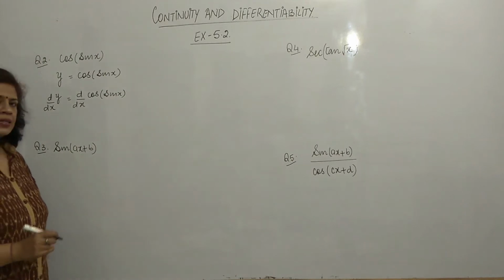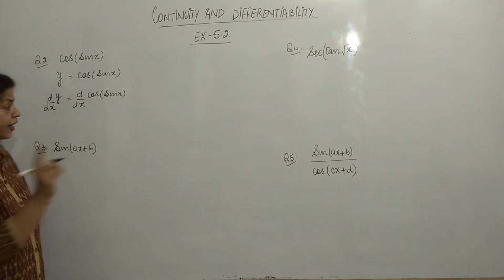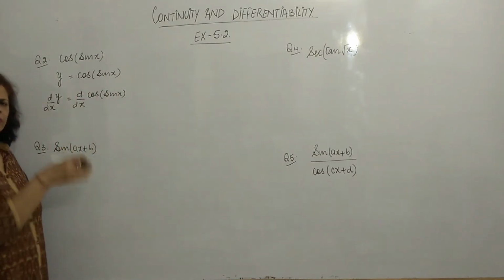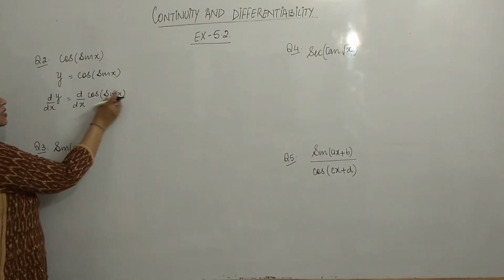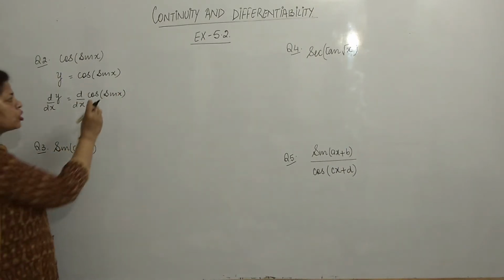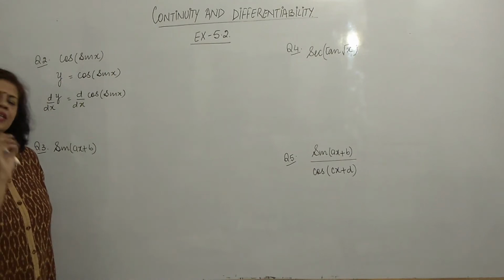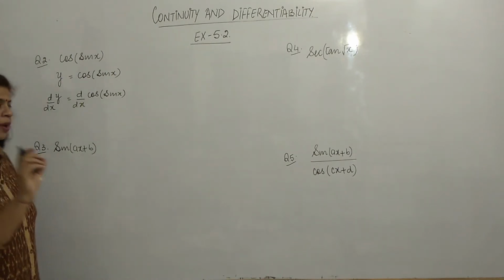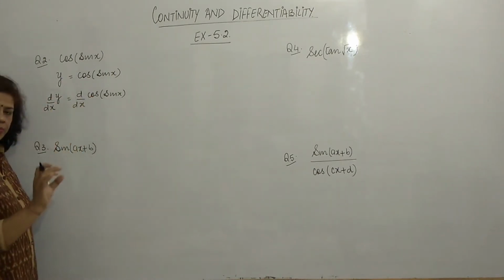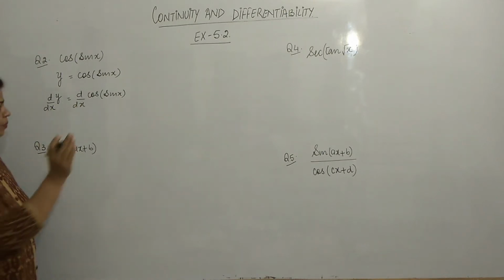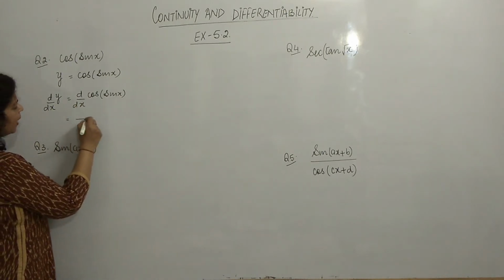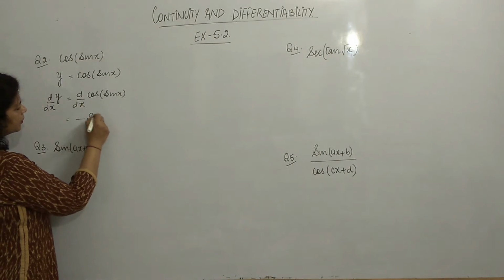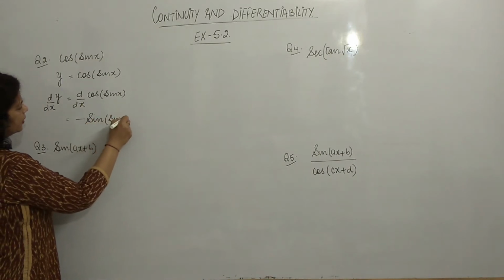Differential of cos x is minus sin x. And here we have cos of something, whatever may be: cos x square, cos root x, cos log x, cos e to the power x, whatever. You just remember, the derivative of cos of something is minus sine of something. So it becomes minus sin(sin x).